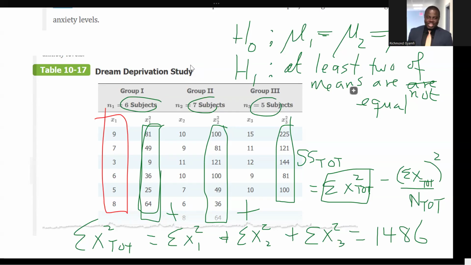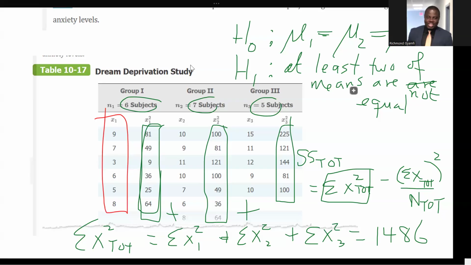And here, remember, we are doing just the x, just the x. So for the x's for group 1, that is 9 plus 7 plus 3 plus 6 plus 5 plus 8. That should give me 38. And we do the same thing for group 2. We're doing 10 plus 9 plus 11 plus 10 plus 7 plus 6 plus 8.